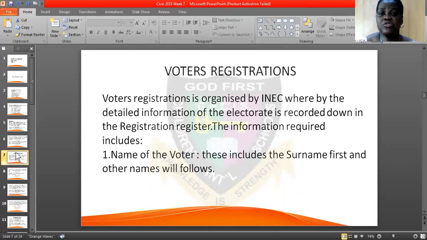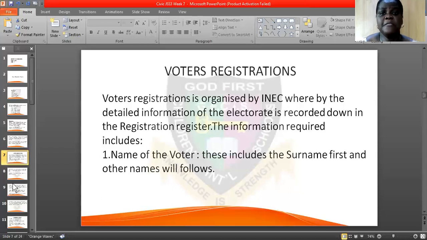Let's look at the voters registration. The voters registration is the putting down of the information about a voter, organized by the INEC. The voter registration is only authorized by the electoral body called INEC, and it comprises some information, which includes, number one, the name of the voter.